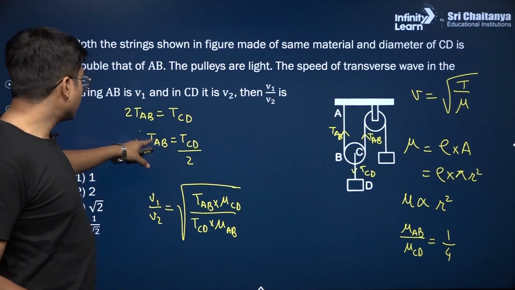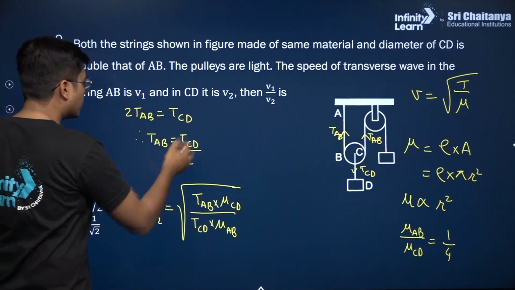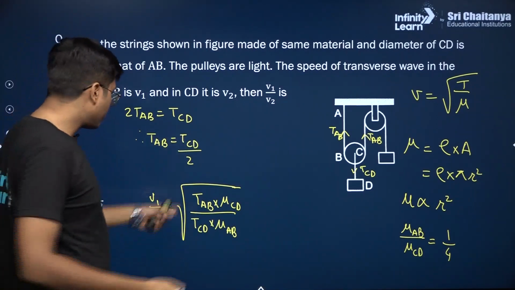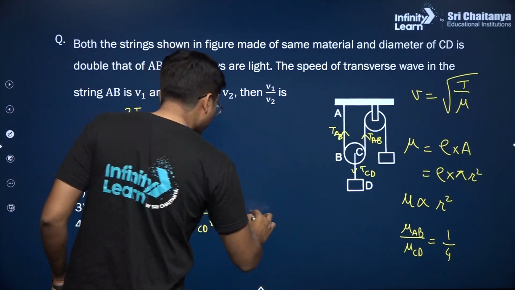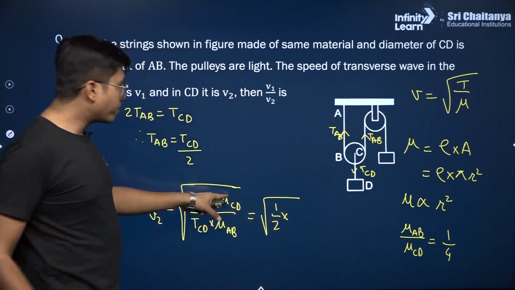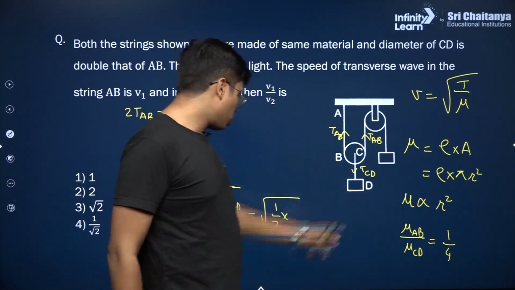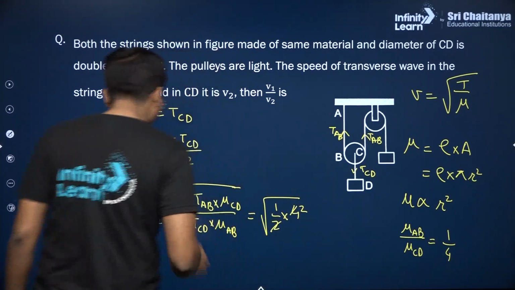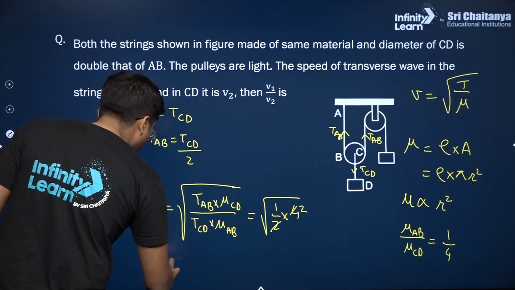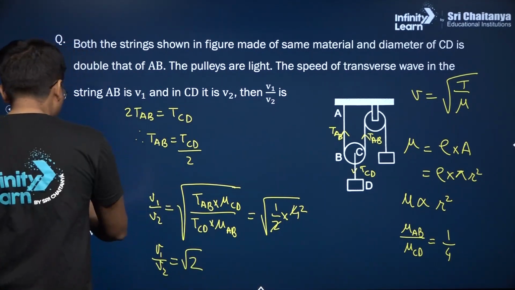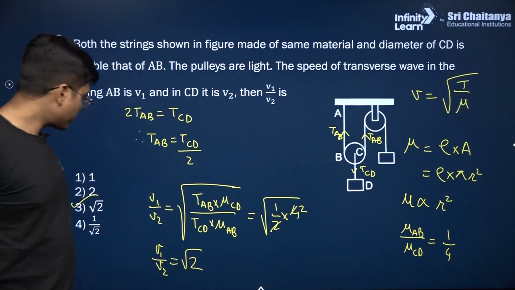So TAB is equal to TCD by 2, you can even bring this TCD down here to get TAB by TCD is half, so you get half from this, root over of half into mu AB by mu CD was 1 by 4, so goes up top, becomes 4 here, cancel it out, and you have V1 by V2 is equal to root 2. So correct option, option 3.